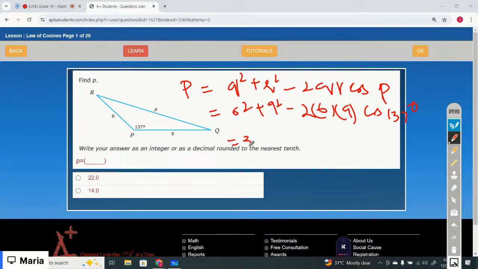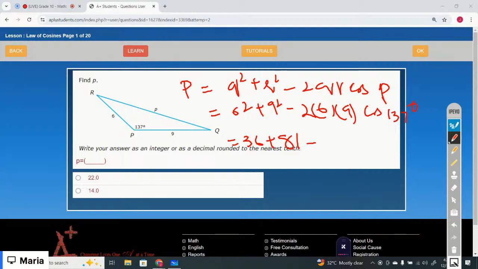6 square is 36, 9 square is 81 minus, you have to do 2 times, you have to do cos 137 degrees, that is negative 0.7313, right?